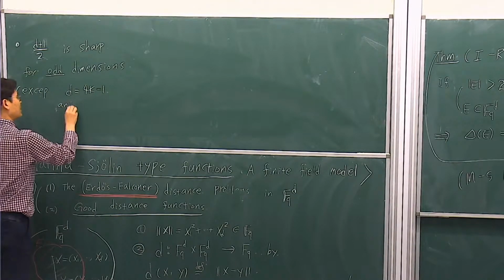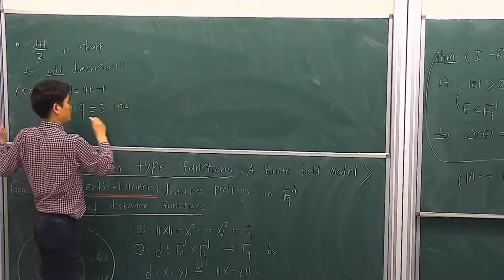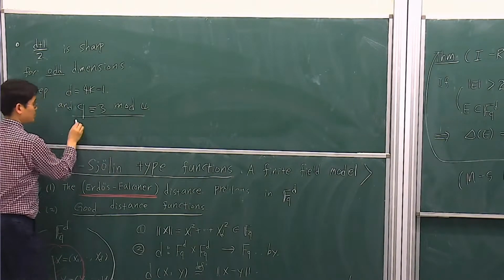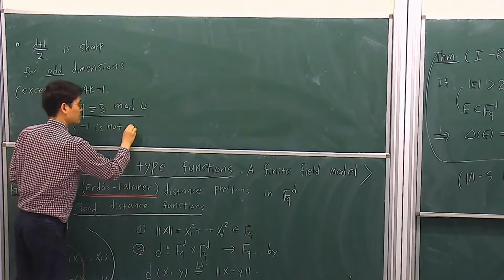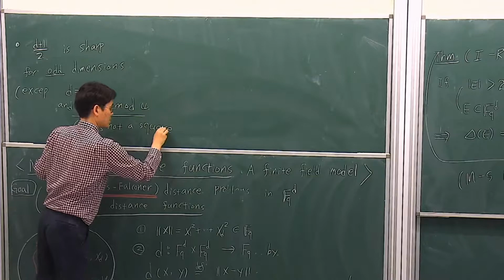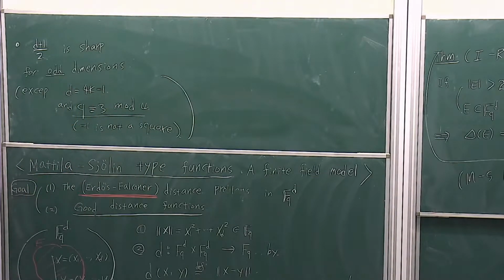And what is q? q is 3 modulo 4. I mean, this means minus 1 is not a square number. We missed this case.